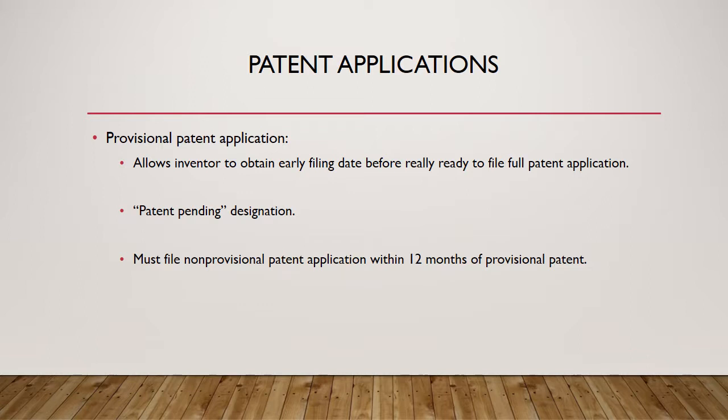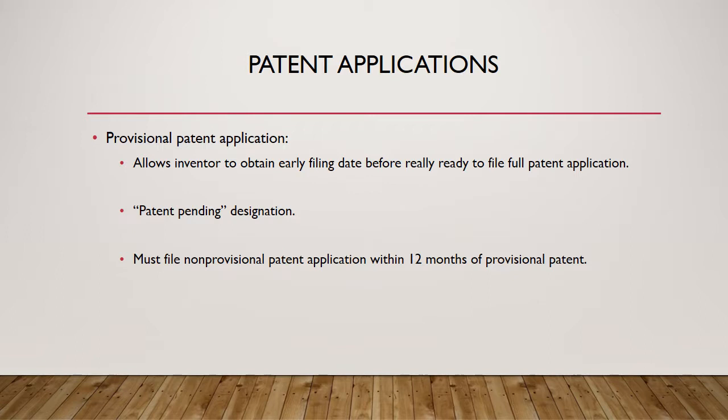It's like the inventor giving notice of the intention to file a patent at a future date. A provisional patent allows you to get an earlier filing date before you're ready to file your full patent application. And if you've ever seen or heard somebody refer to it on a commercial or product saying that the patent is pending, that's referring to when you have a provisional patent application.